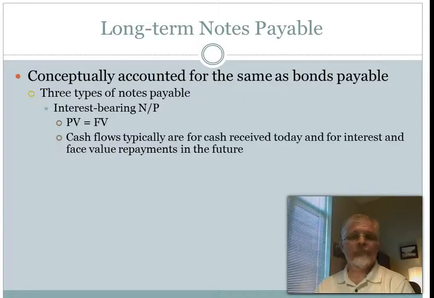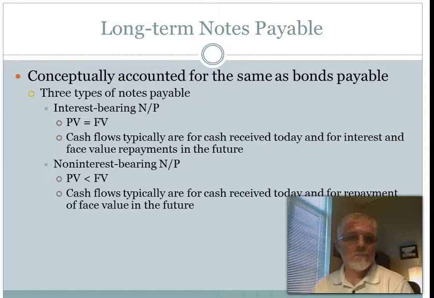We borrow, say, $1 million today and agree to repay that $1 million plus accrued interest 2 years from now or 3 years from now. That would technically be a long-term note payable. The only cash flows that occur are today when we borrow the money, and then the maturity date when we repay in lump sum the principal as well as interest.